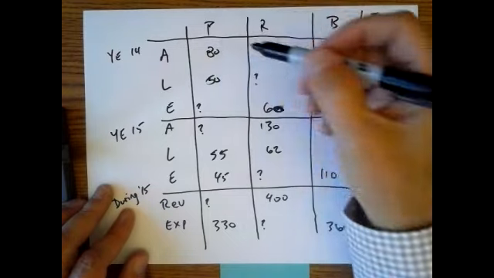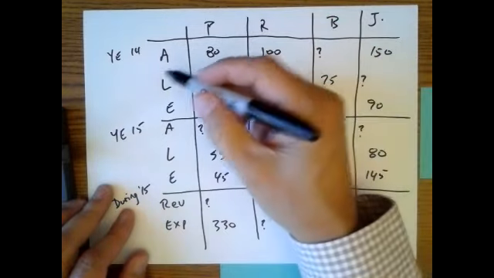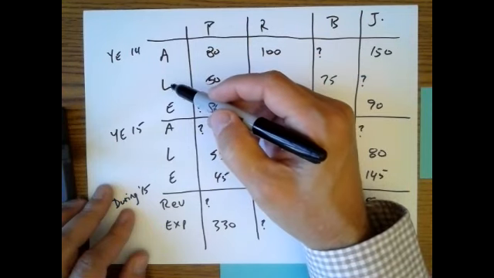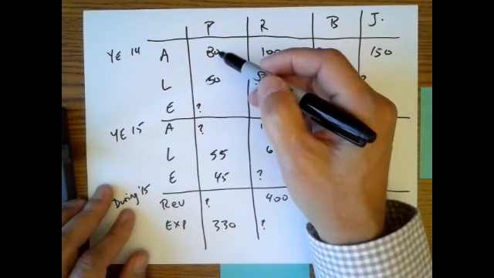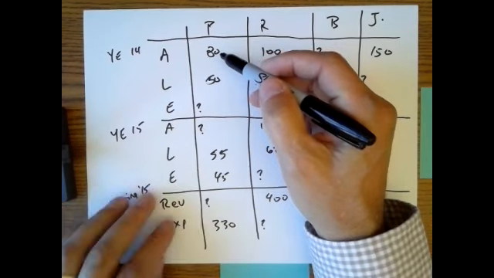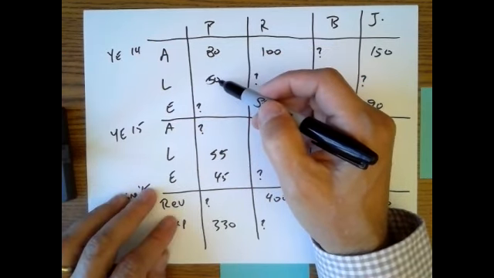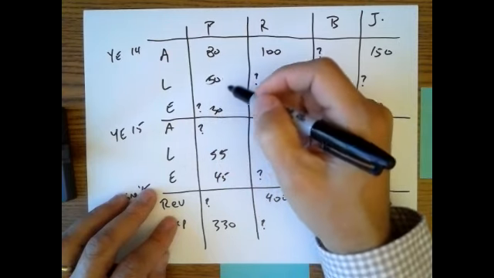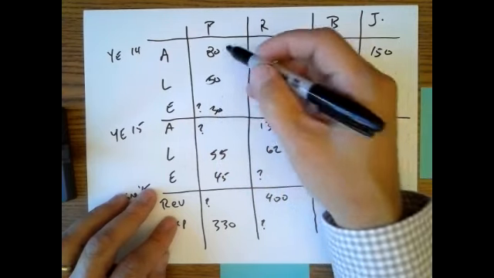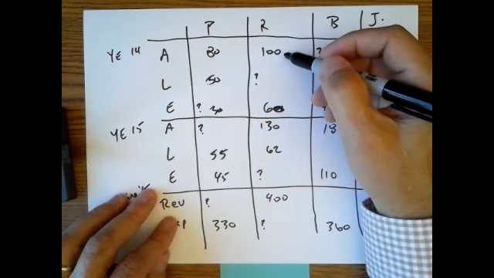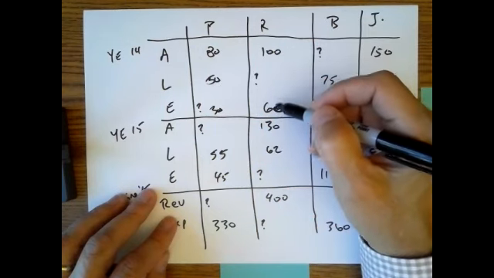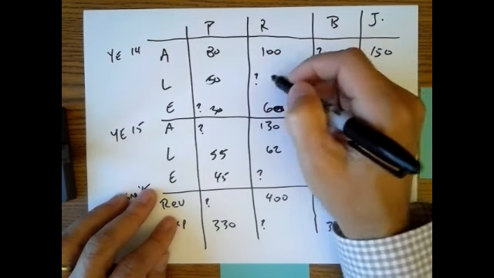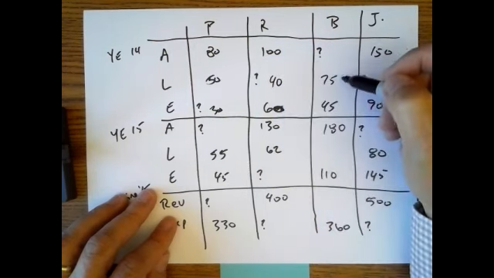Starting with the top row, the 14 data, we know that assets equals liabilities plus equity. So if we had 80,000 in assets and 50,000 in liabilities, then we must have had 30,000 in equity, because 30 plus 50 gives us 80. Then here we had 100,000 in assets, 60,000 in equity. What plus 60 gives us 100? That would be 40.